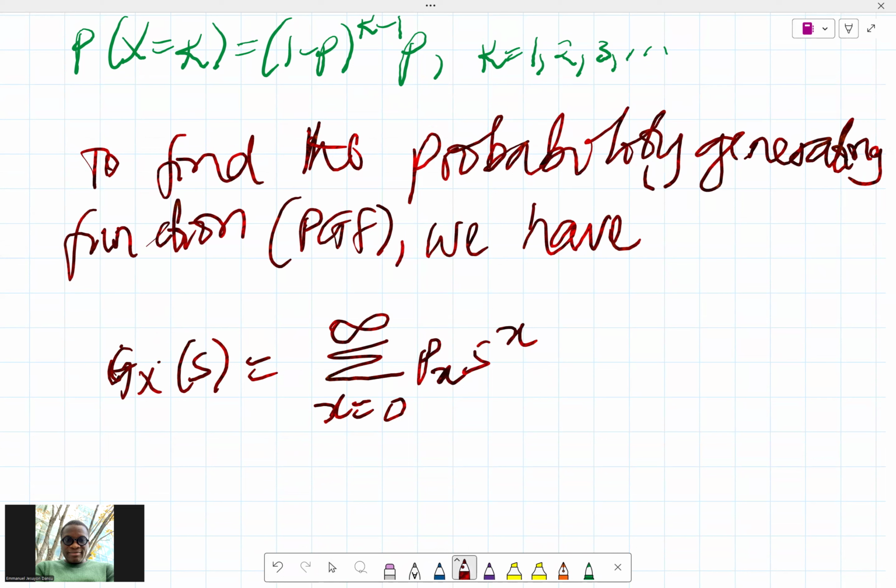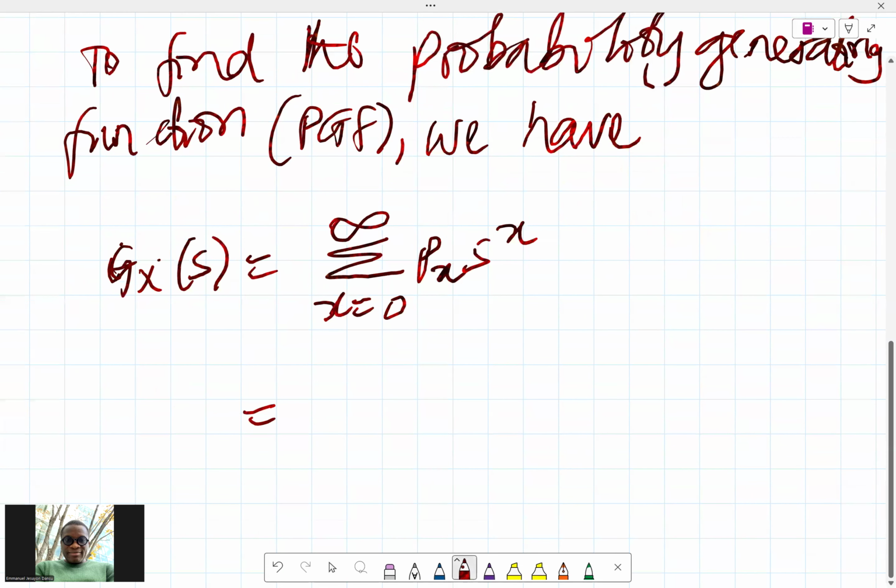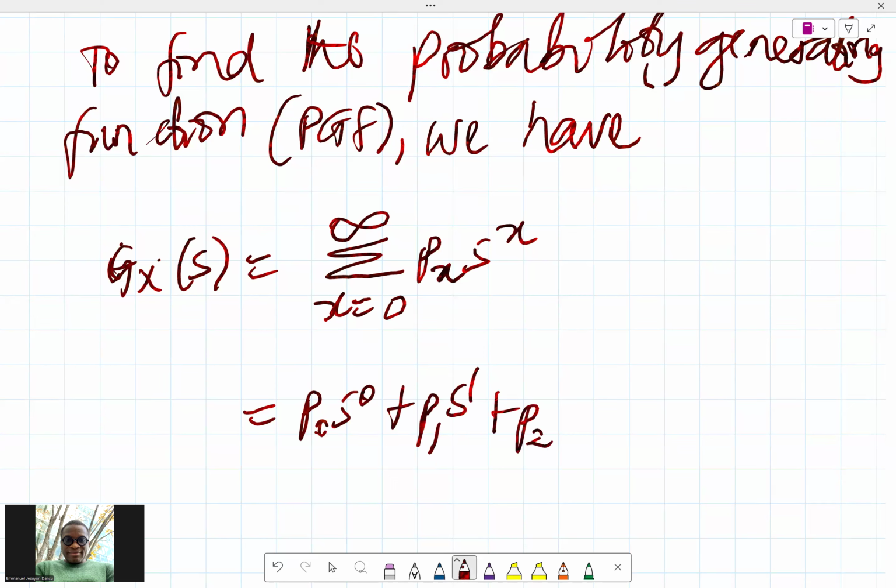And that's more like we have p0 s^0 plus p1 s^1 plus p2 s^2 plus p3 s^3 and so on and so forth. Now, how do we get all these p's? That's the issue. Those p's we can get from the PMF, which we have been given.